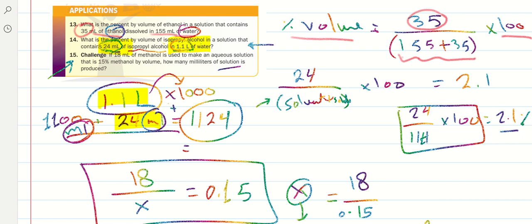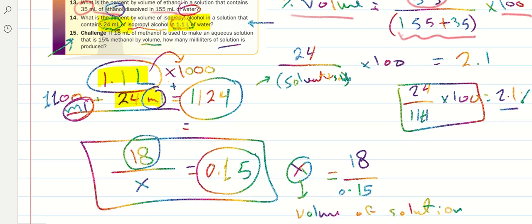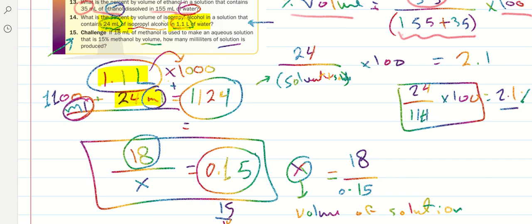Question 15, which is challenging, and again it is the same idea. 18 milliliter of methanol is used to make an aqueous solution of 15% methanol by volume. So I have the volume of solute and I have the percent volume. I will change it to decimal because I know this means 15 divided by 100.